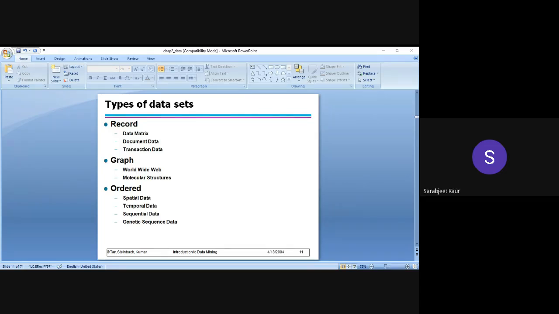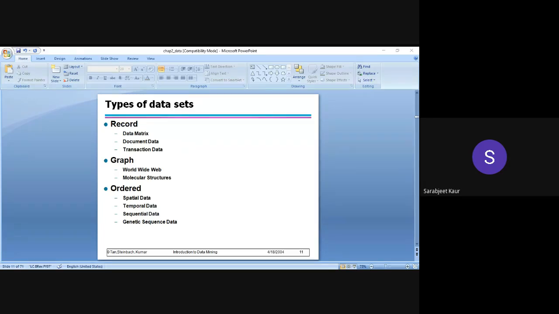Each row represented a record, and each column depicted an attribute of this record. Okay, so we said that a record or a data object, as we also discussed in the last class possibly, was a collection of the values of these attributes, right?